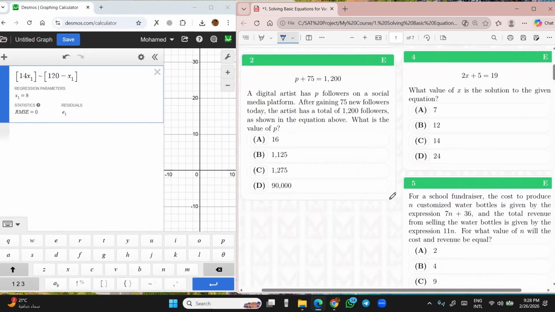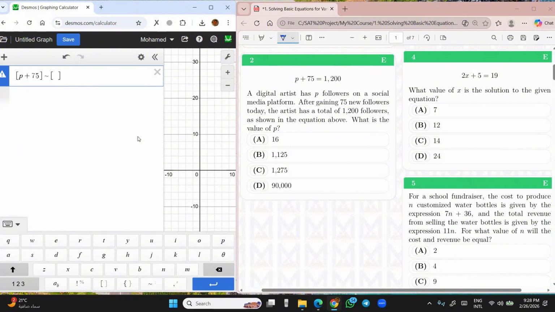Question number 2, we have an equation written here, and the question says, a digital artist has P followers on a social media platform. After gaining 75 new followers today, the artist has a total of 1,200 followers. As shown in the equation above, what is the value of P? So no need to worry about reading all of this. We have an equation and we need to get the P. So we can empty this part and write P plus 75.